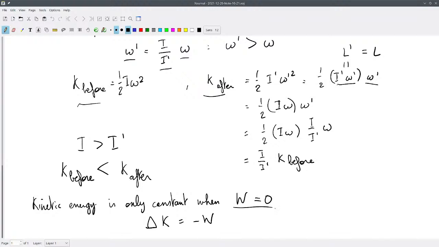So if the work is equal to 0, then kinetic energy is constant. Otherwise, it's not.